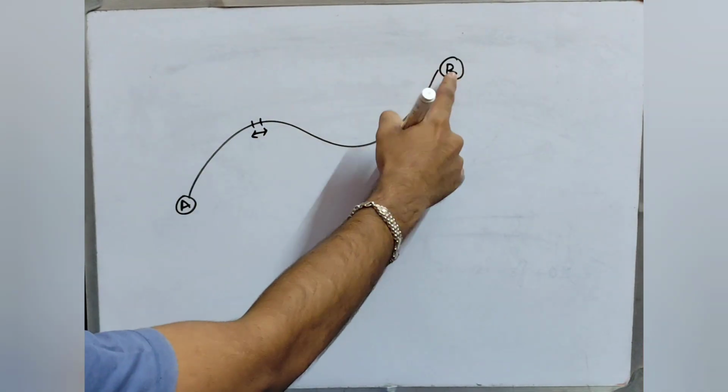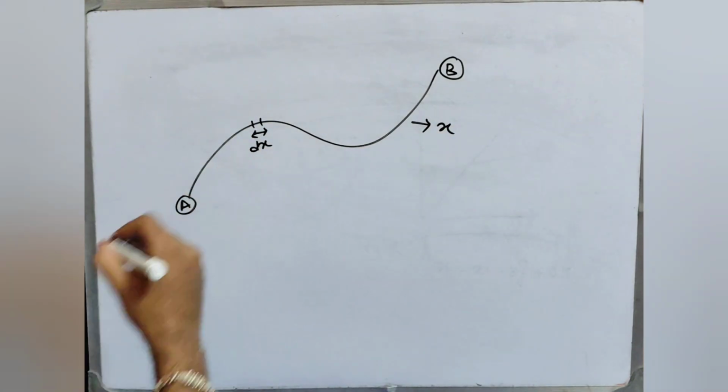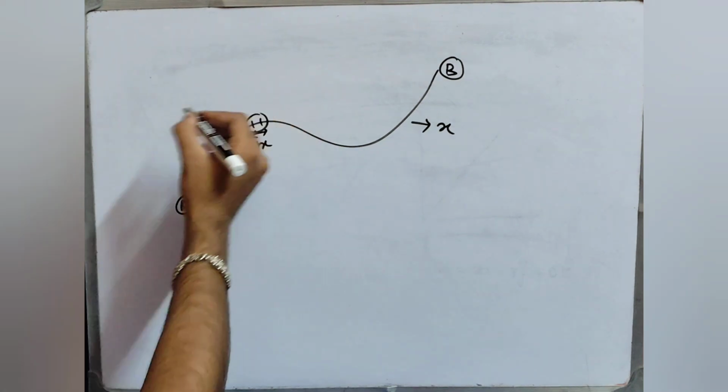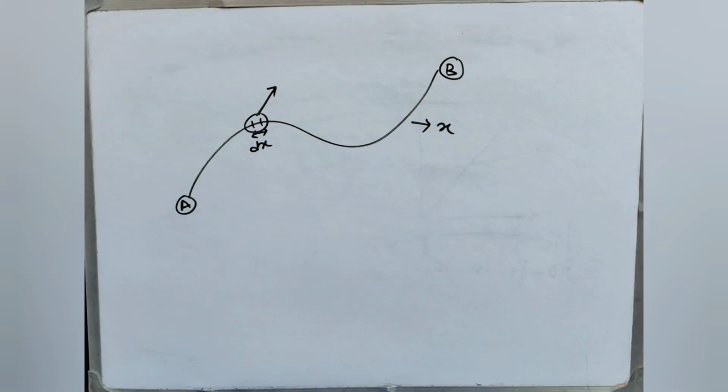The total distance we can consider as x, so this small part will be dx. This is a very small distance or very small path. In this region, the velocity or speed is considered as instantaneous speed or instantaneous velocity. Understood?